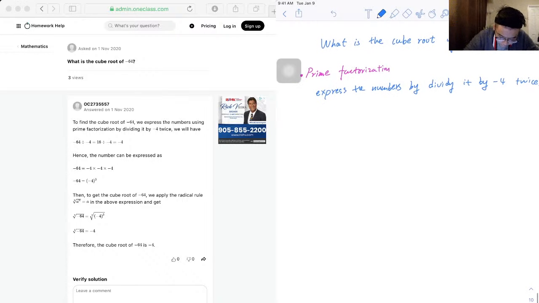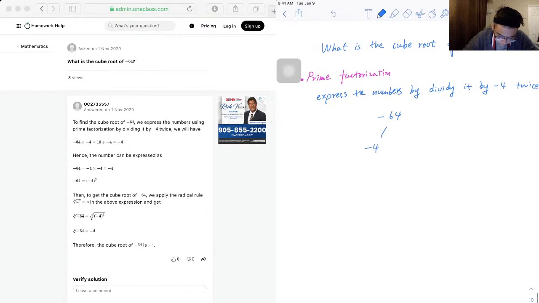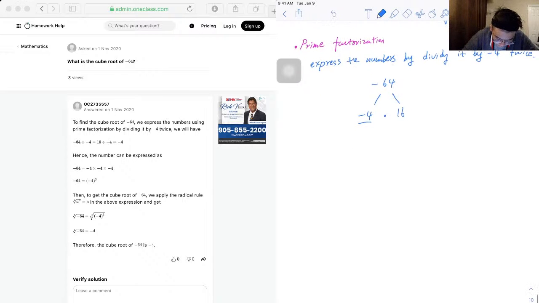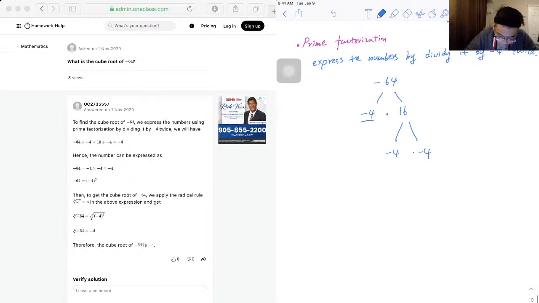We got a -4, and negative 64 is equal to -4 times 16, and we just leave -4 there, and 16 is equal to -4 times -4. So we know -64 can be represented by -4 times -4 times -4.